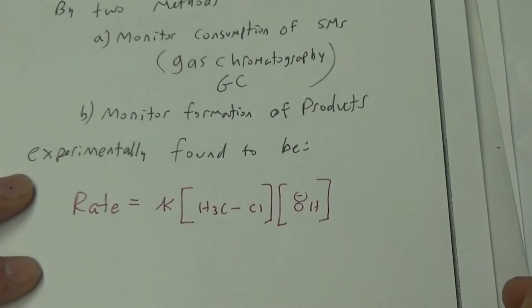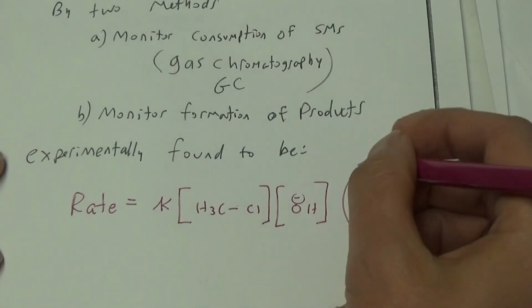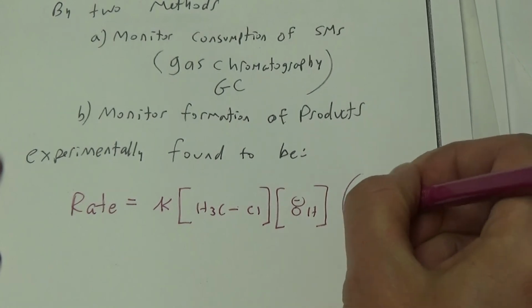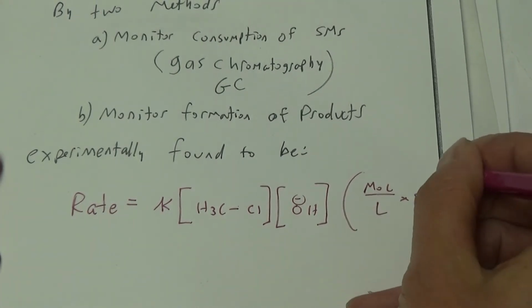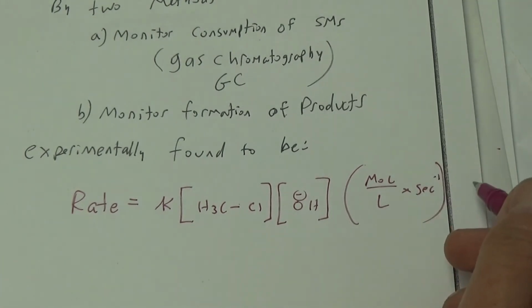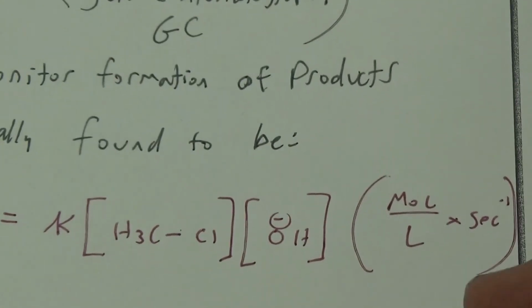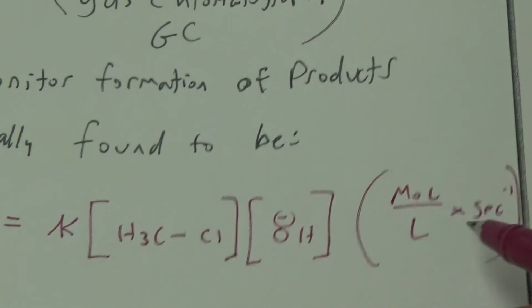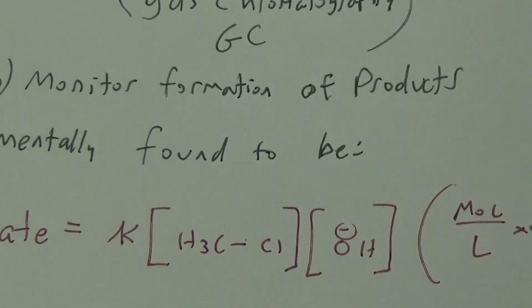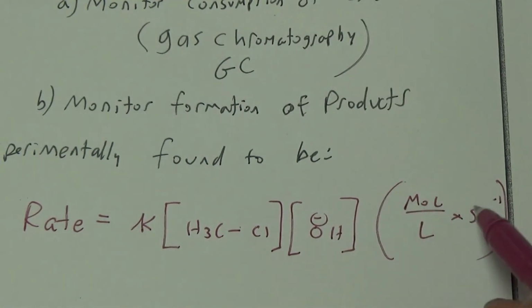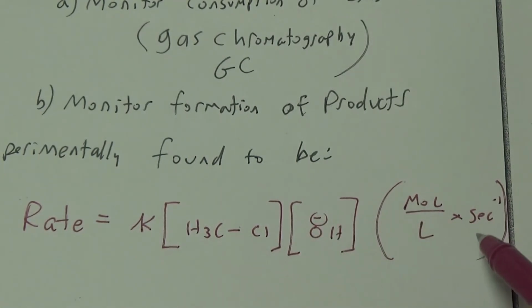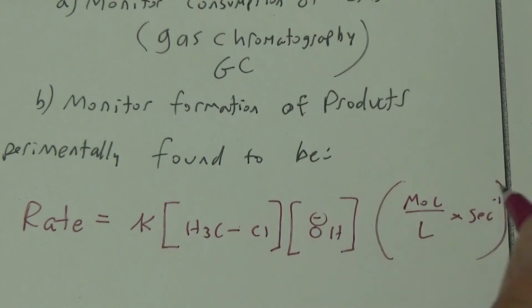The units are moles per liter per second, seconds to the -1. As you'd imagine, rate is something divided by time, and it's moles per liter divided by time. So that's the rate.